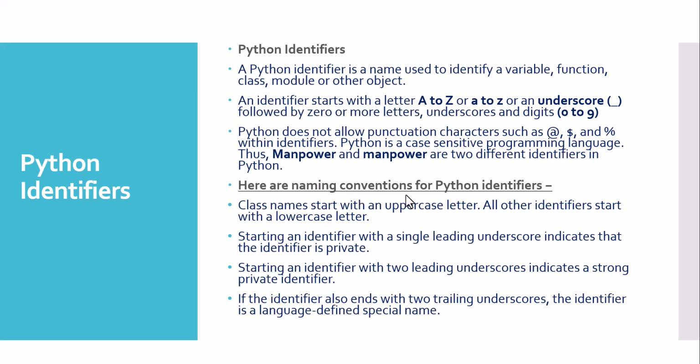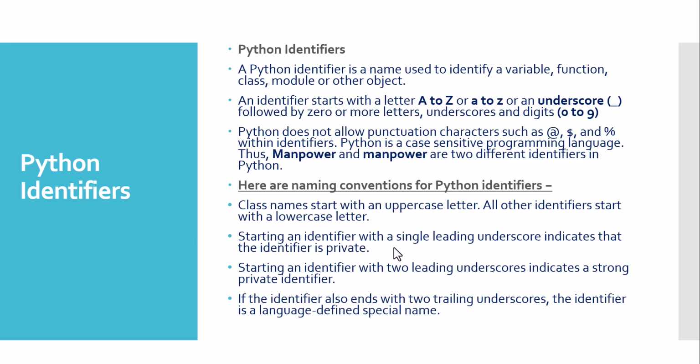Here are the naming conventions for Python identifiers. Class names start with an uppercase letter, meaning a class name will always start with uppercase, and all other identifiers start with lowercase.